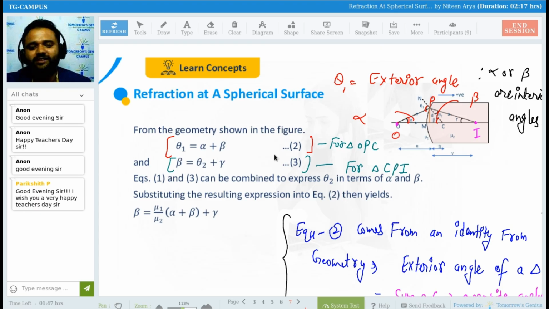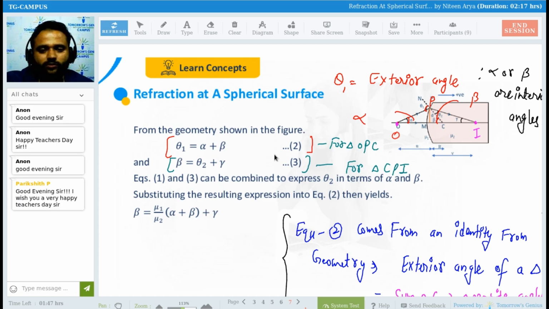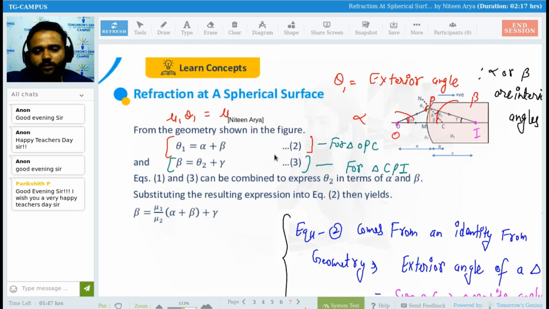Now equations 1 and 3 can be combined to express theta2 in terms of alpha and beta. The first equation is mu1 theta1 equals mu2 theta2. So this is my equation number 1.